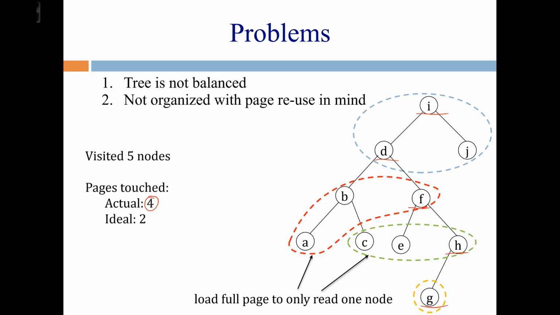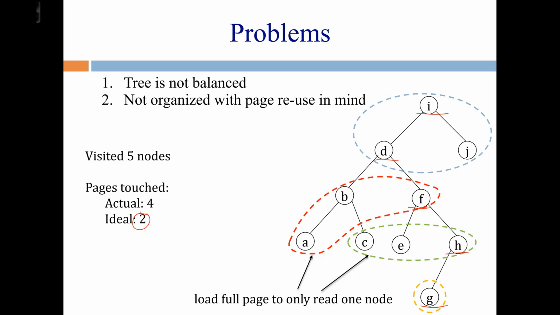So almost one page per node. Ideally, since we can fit 3 nodes per page, then the best we could do is load 2 pages to get to the bottom of this tree, or to get to G. So that's what we'll have to try to do.